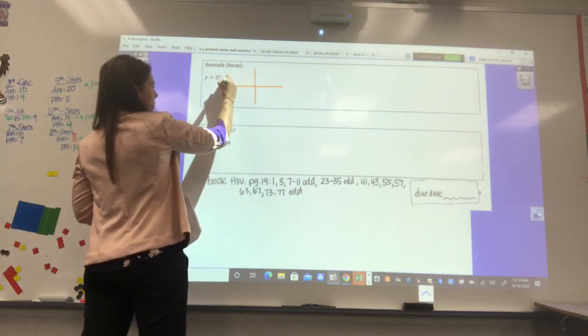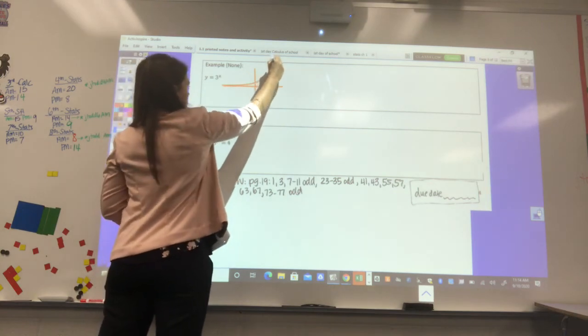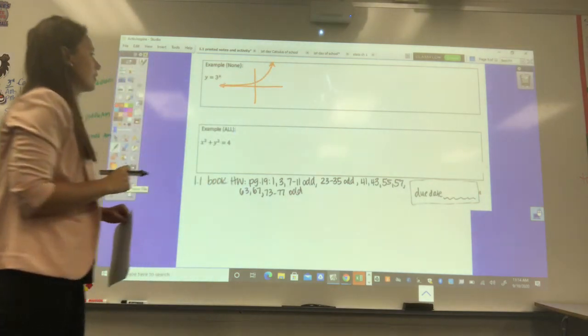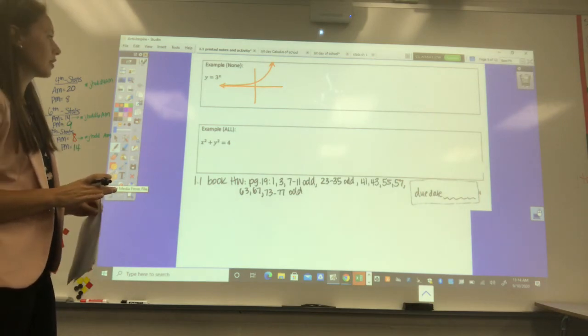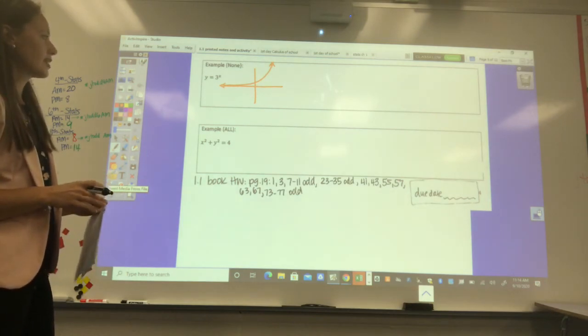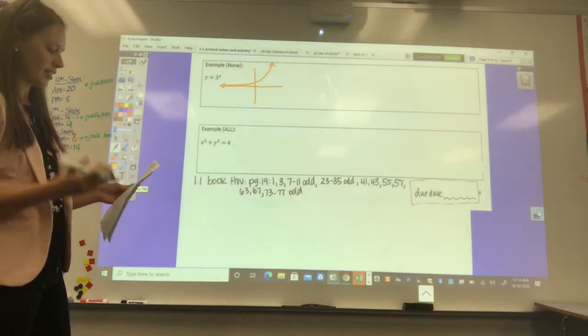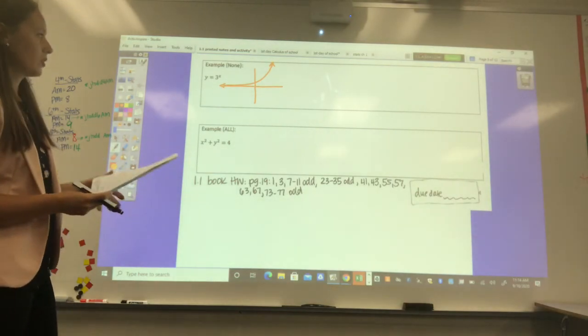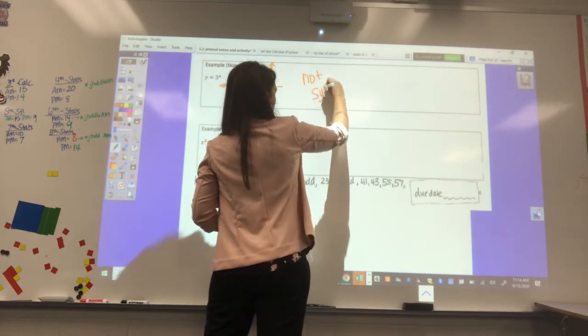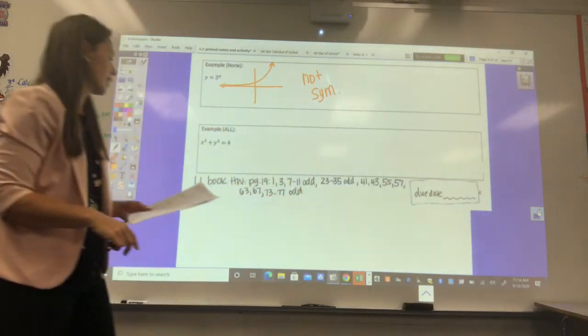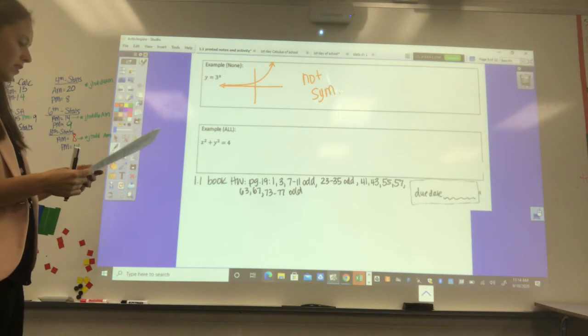It's going to have a limit of 0, and then it's going to shoot up high. Okay? So actually, this is an exponential function, not a power function. It's not symmetric. It's not odd. It's not even. So you would just say not symmetric over anything. There's nothing about odds or evens. That was probably the hardest thing of these notes.